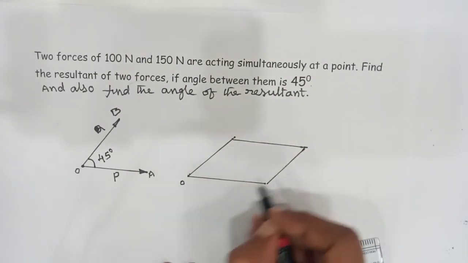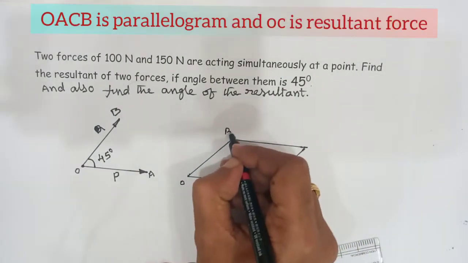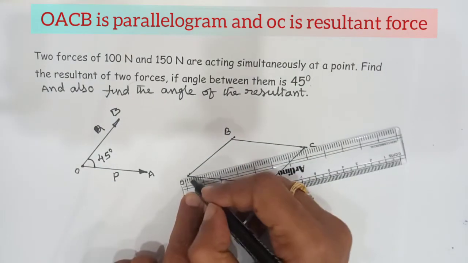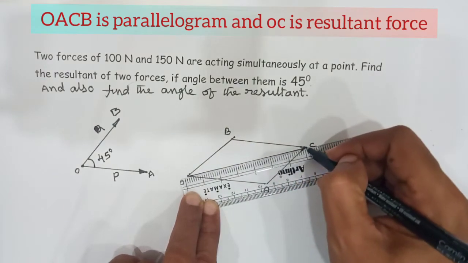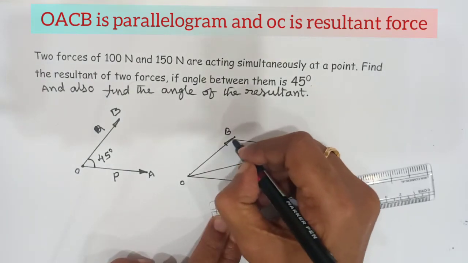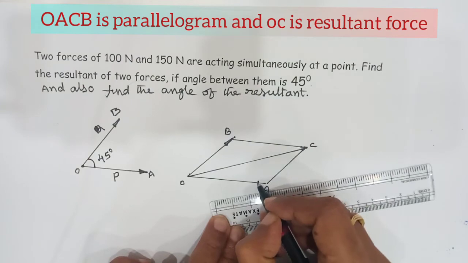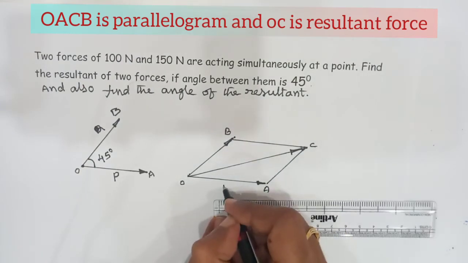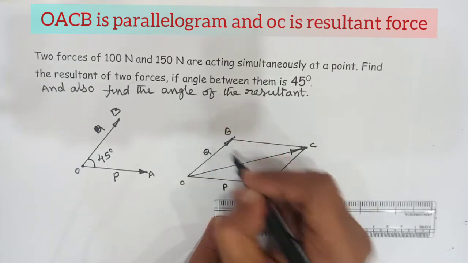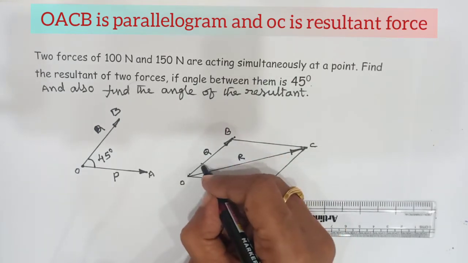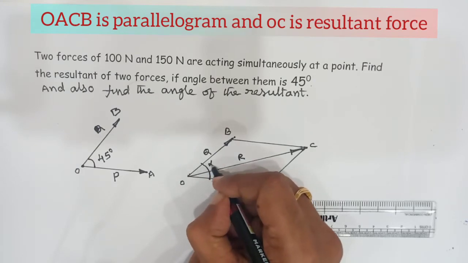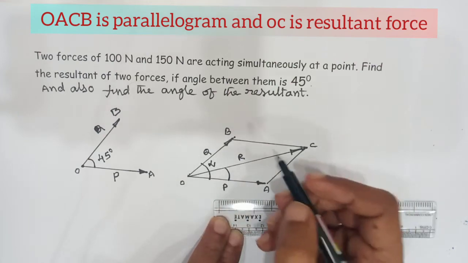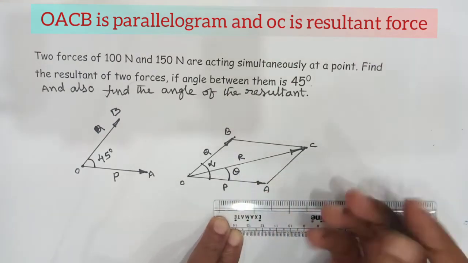Say OA, B, C. P, Q, R. The angle between the two forces is alpha, and the angle of the resultant with the force P is theta.